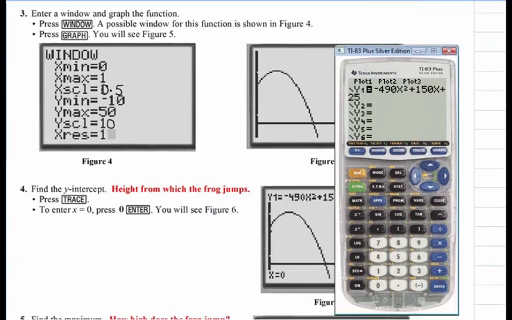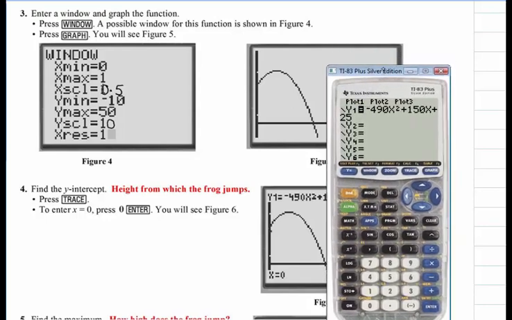Okay, and so I go back to my formula. Okay, and I'm going to replace h of t with h, and I'll just rewrite it here. And I'm going to determine what my y-intercept is. Okay, now my y-intercept happens when t, or x, is 0, and in this case my x will be t.